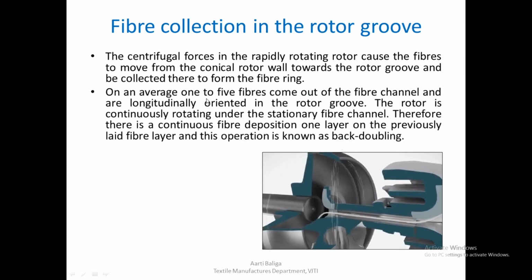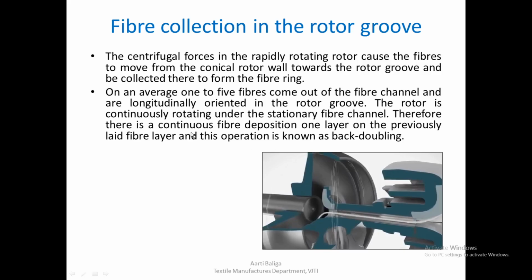On an average, you can see the effect of draft here. Only 1 to 5 fibers come out of the fiber channel and are longitudinally oriented in the rotor groove. The rotor is continuously rotating under the stationary fiber channel. Now we must remember that the fiber channel itself is stationary and the rotor is rotating below it.